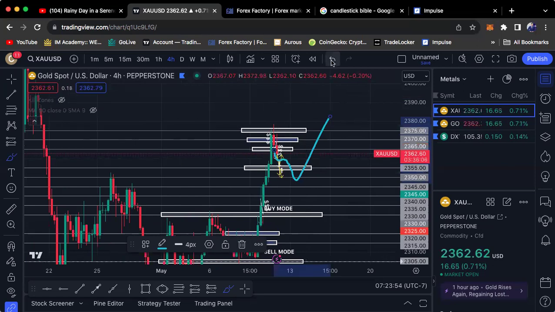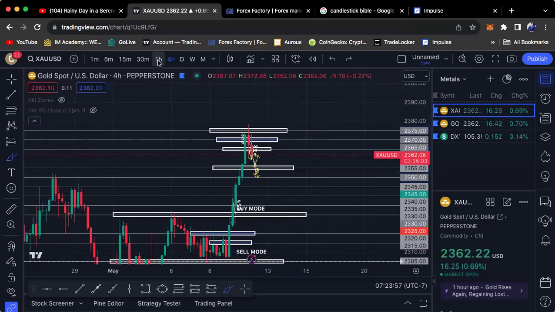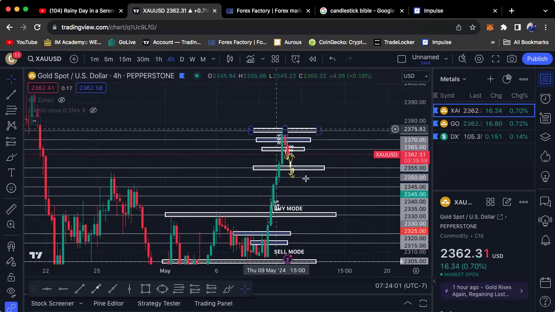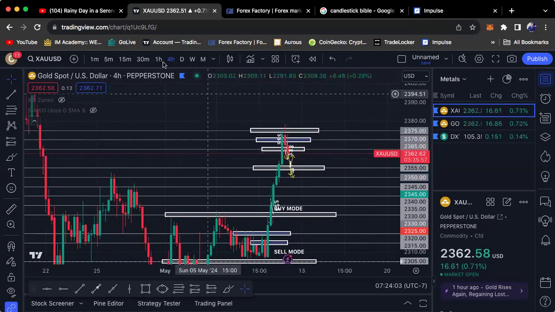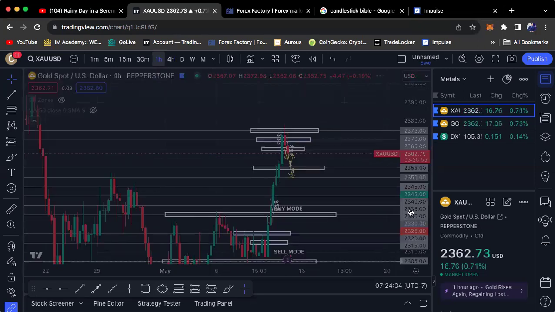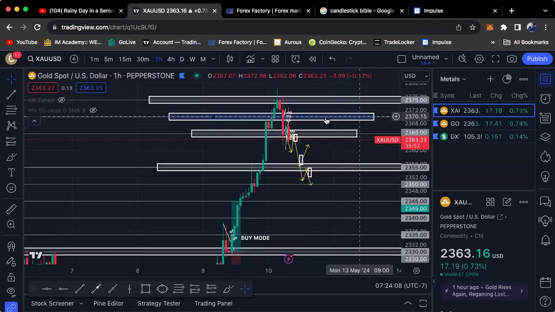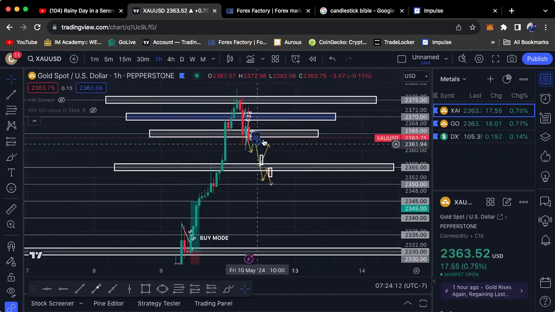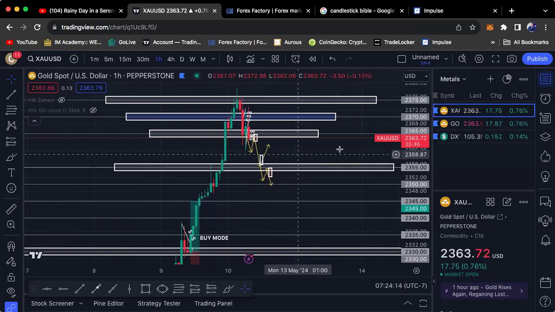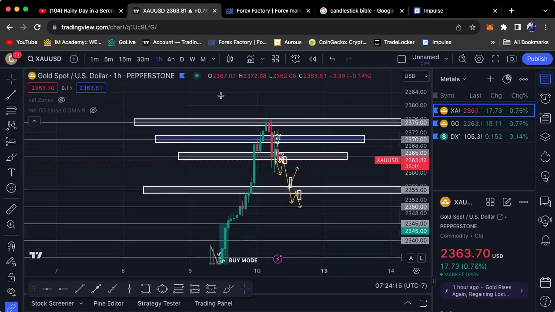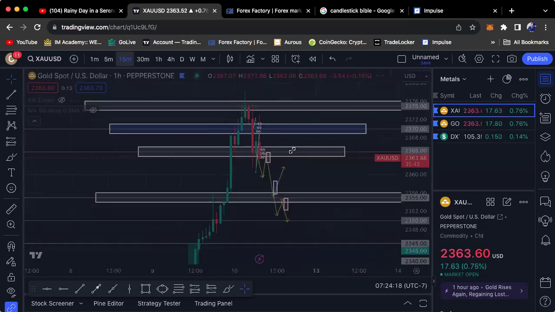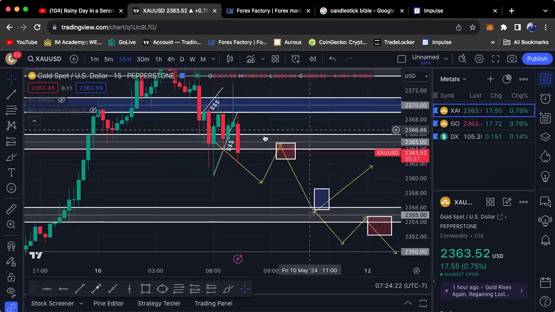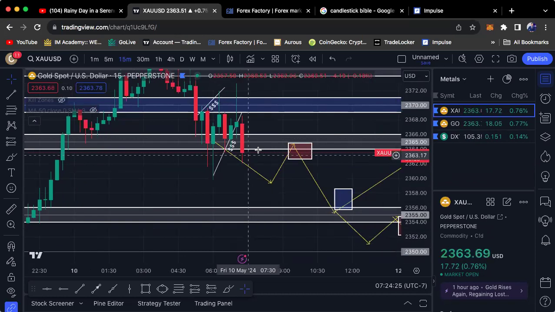You guys also got to see the overall picture of it, so you guys can take advantage on the pullback down, taking sells, or you guys can take advantage of the buys in between. As long as you're trading from zone to zone, you trade based off the key levels, you'll be good. All right, so now you see at the 15-minute, it's closing below.